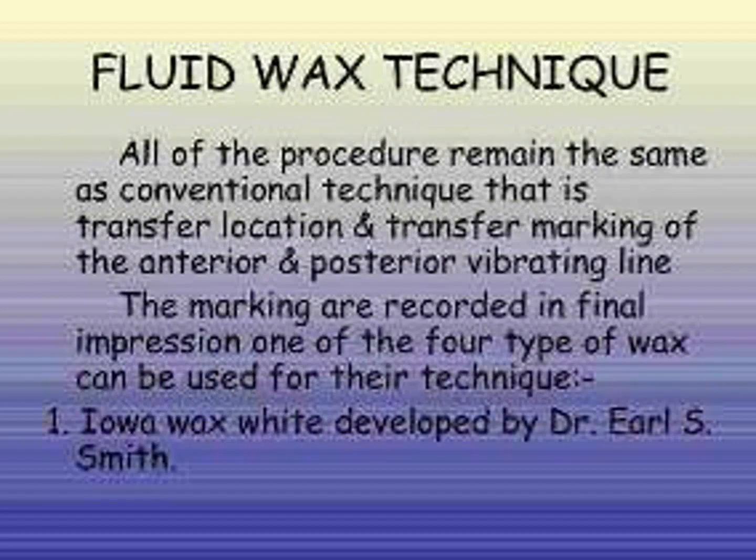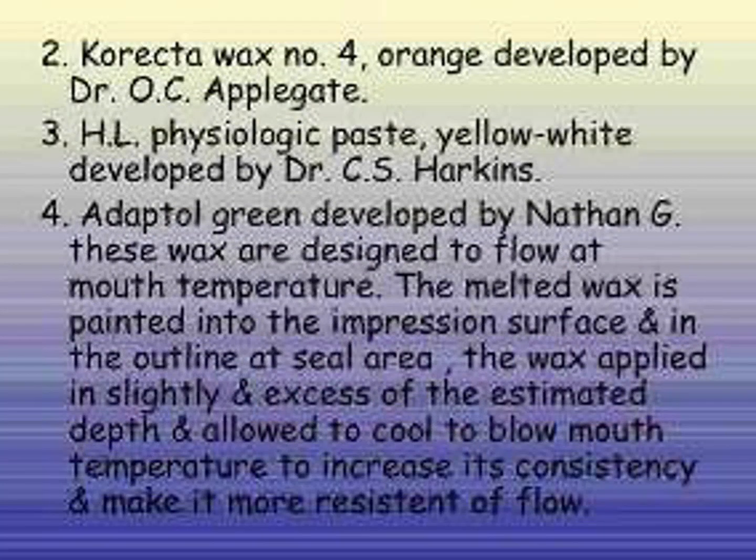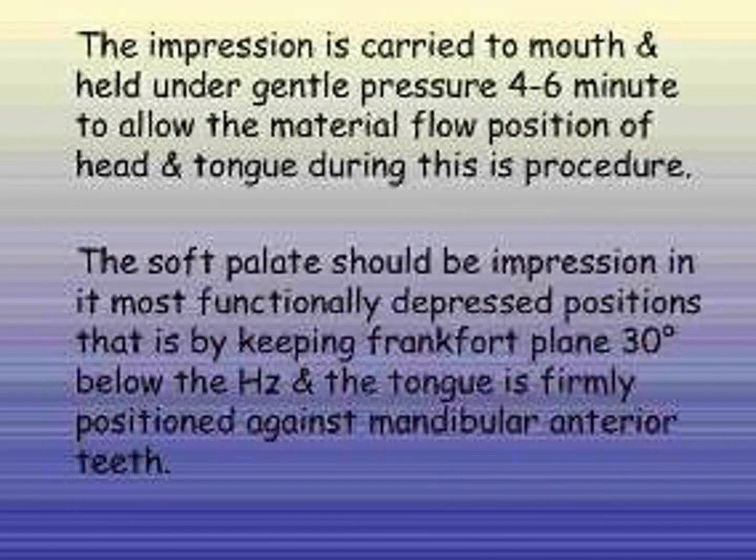Moving on to the fluid wax technique, as the name indicates, the fluid waxes are employed and painted on. There are 4 fluid waxes: Adaptol wax, HL physiologic paste, Iowa wax and Correcta wax number 4, which can be used by painting the molten mouth temperature wax on the posterior palatal seal area after the impression is recorded with the zinc oxide eugenol impression paste.